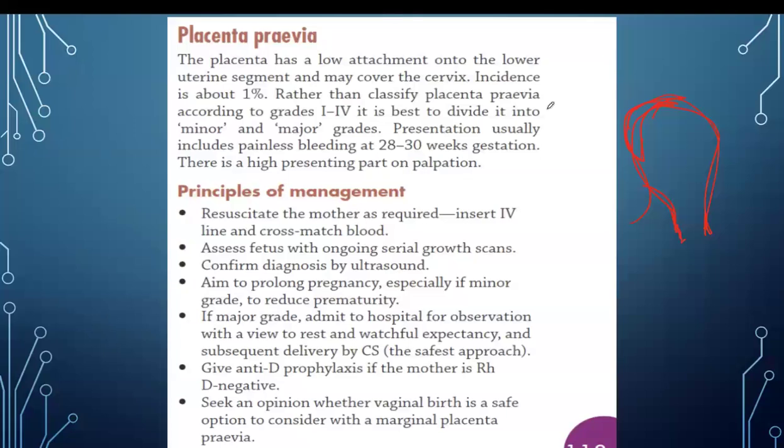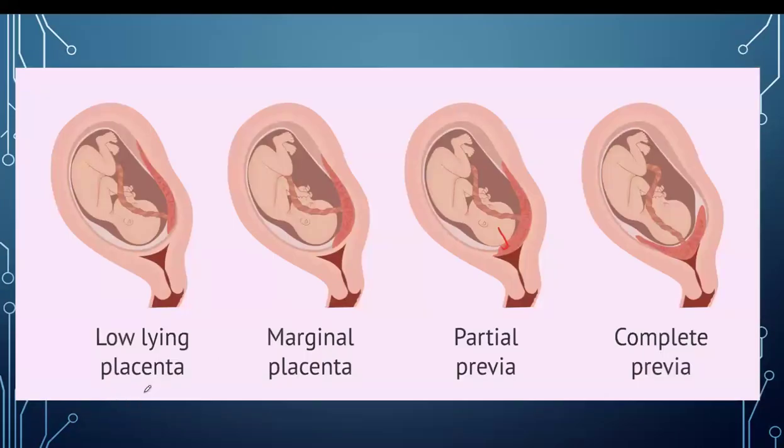Now that you know what placenta previa is, you need to also know that placenta previa has been divided into 4 grades. So you have grade 1 and 2 and grade 3 and 4. In grade 1 and 2, you can see that the placenta is just near the os. It's not even closing the os. These are called minor grade, or minor placenta previa.